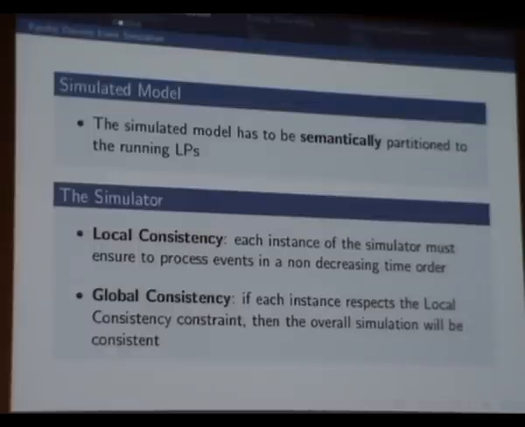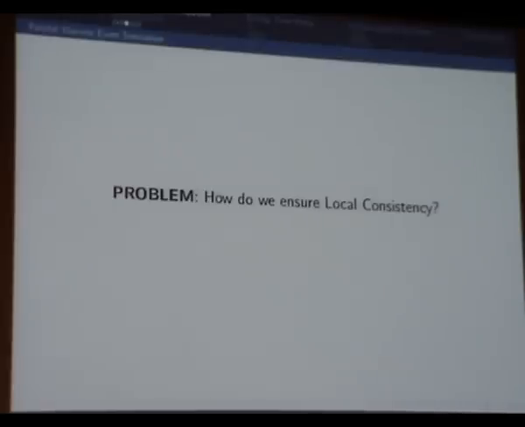That basically means that the simulation will yield the same result as a sequential one. But how do we ensure local consistency? As you can imagine, it's really, really difficult because a logical process or simulator instance can go forward at different speeds and with different workloads.